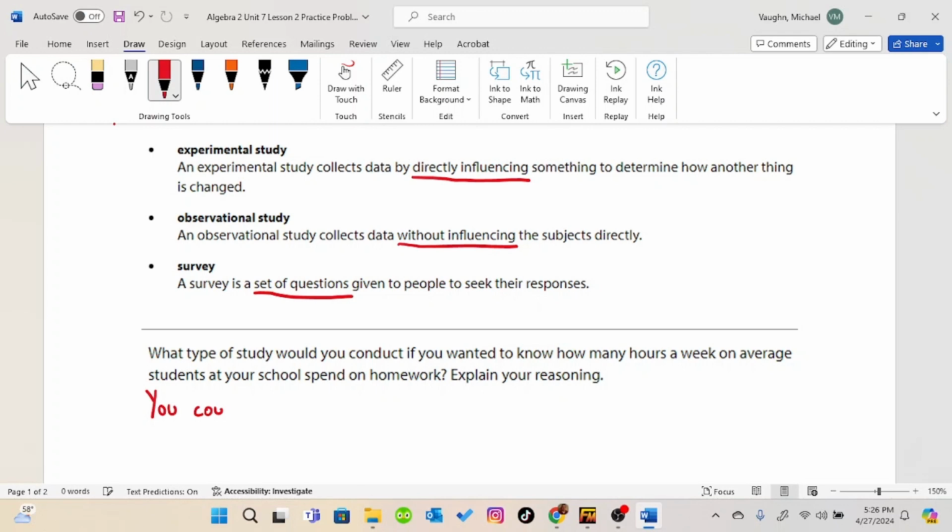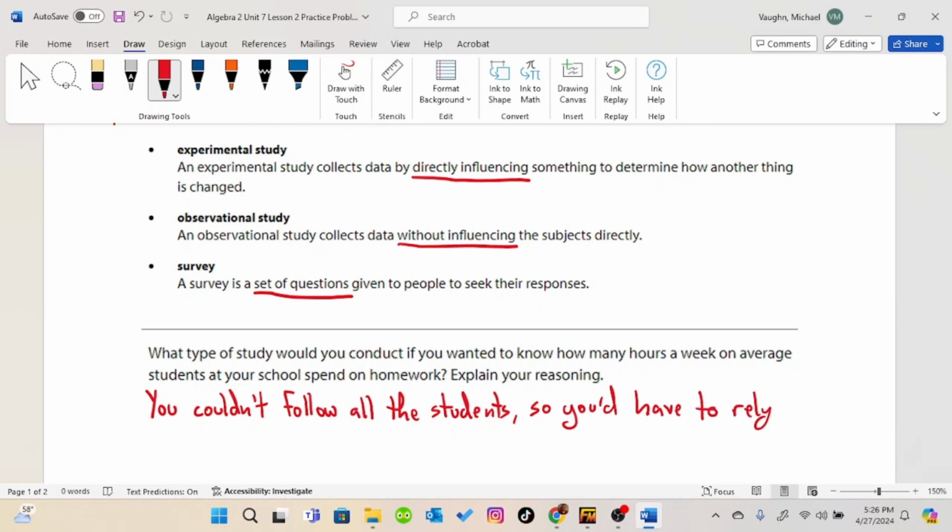You couldn't follow all the students, so you'd have to rely on survey responses.